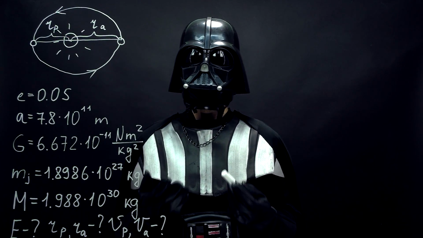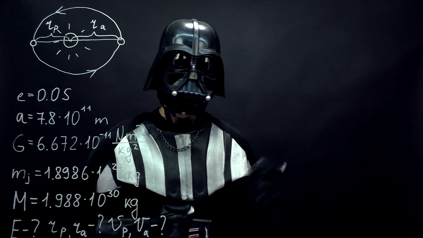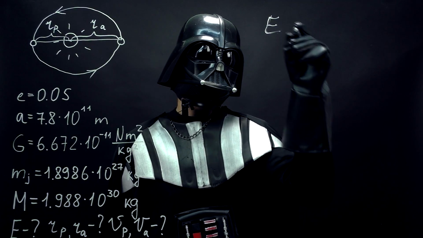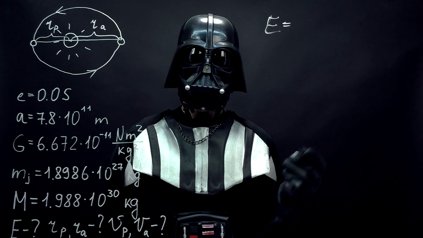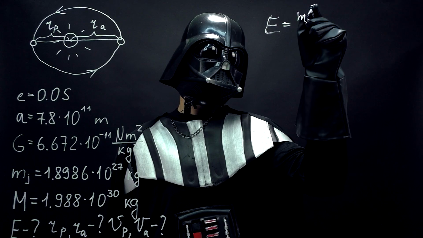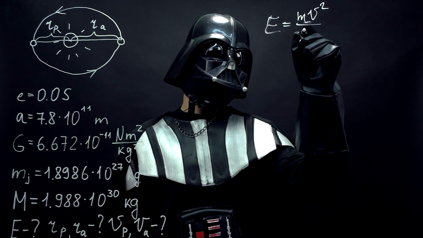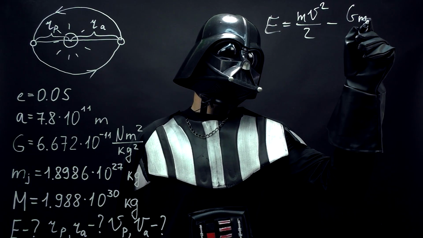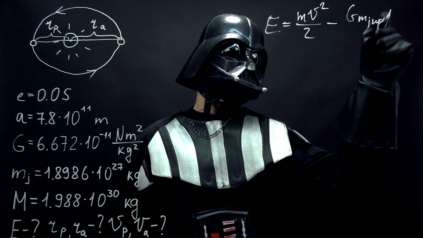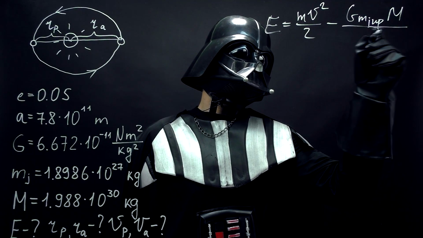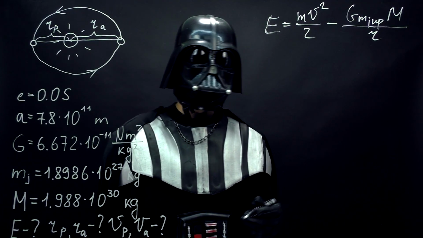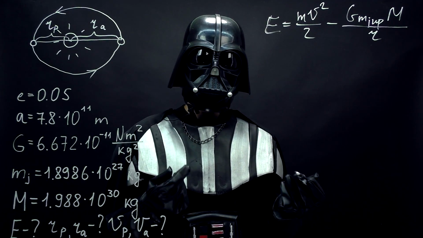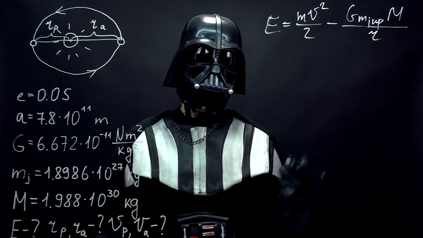2. The total energy of the planet. It consists of kinetic energy and potential energy. Now let's assume that Jupiter is moving in a round orbit, circular orbit.